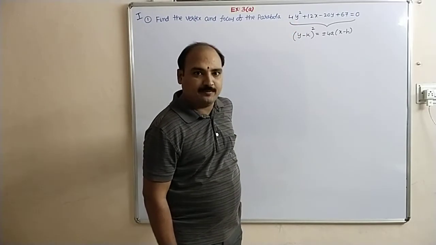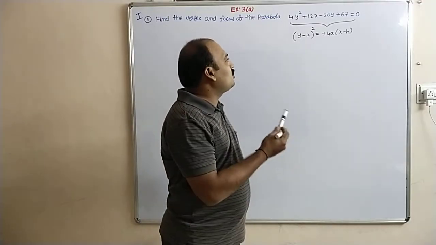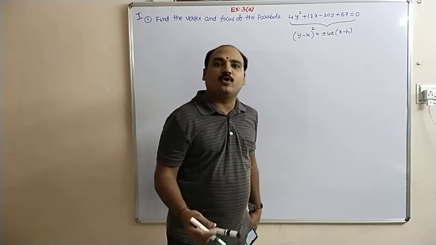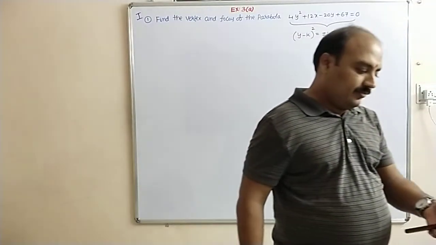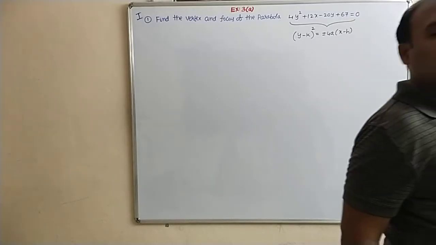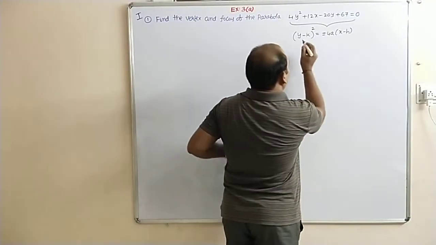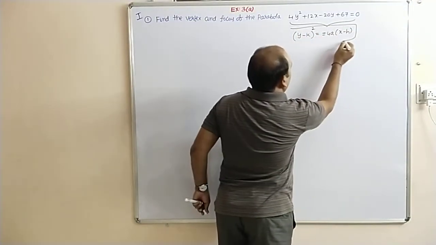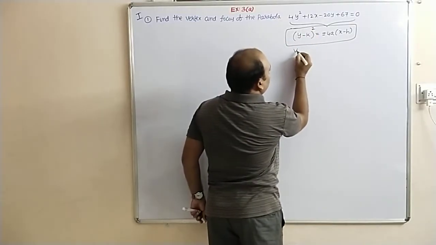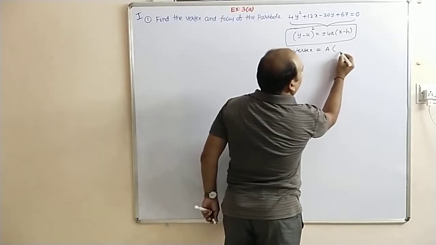What we have to do that time? Then you can make it into x minus h whole square equal to plus or minus 4a into y minus k. Now for this type of parabola equation, the vertex is (h, k).